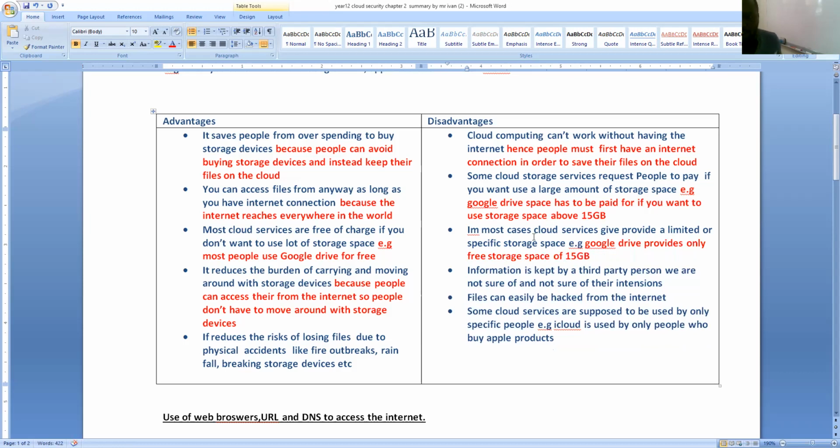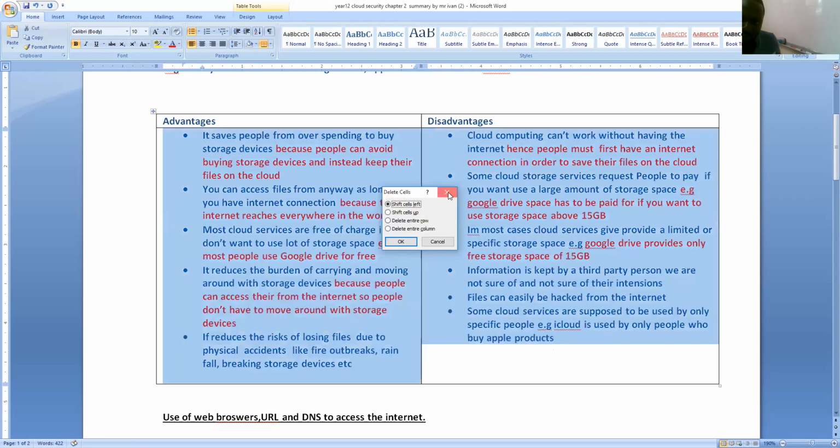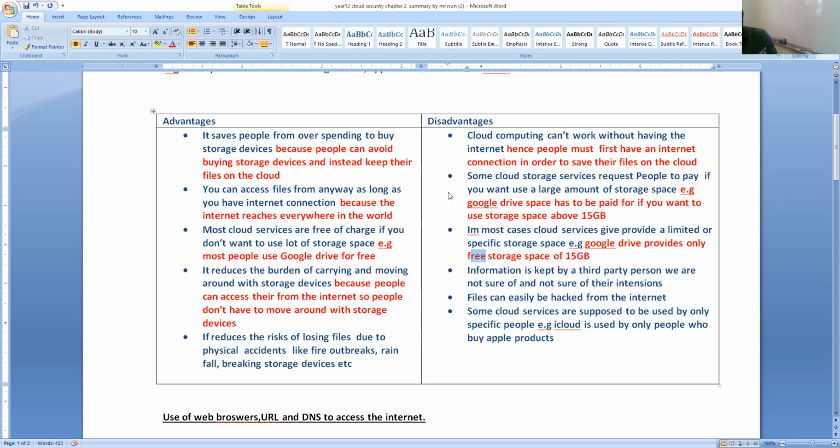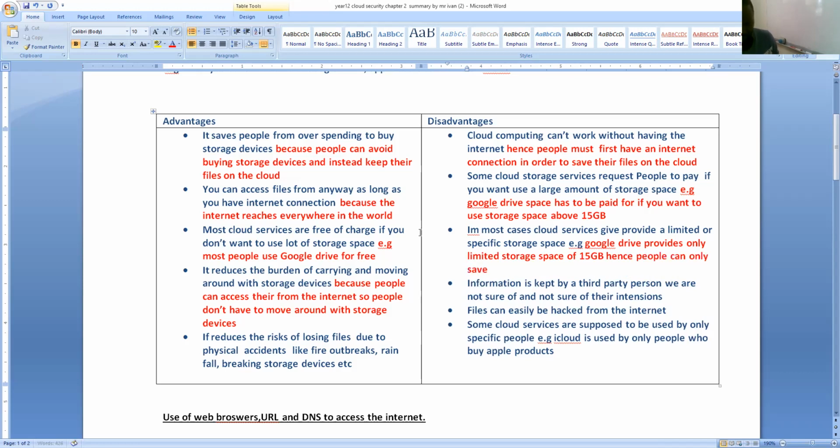Hence, people can only save files up to 15 GB.